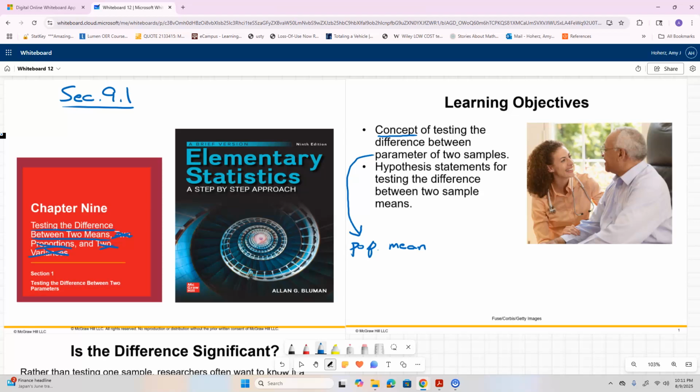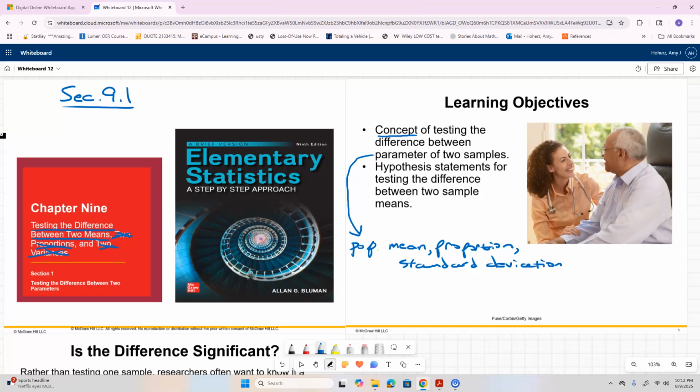In the other chapters we did proportion. And you can also do confidence intervals and hypothesis testing on standard deviation, but we have not done those. But a parameter is just some measurement of the population.